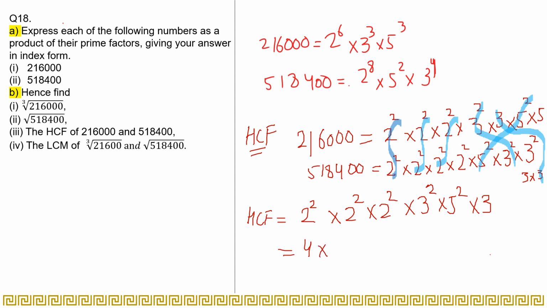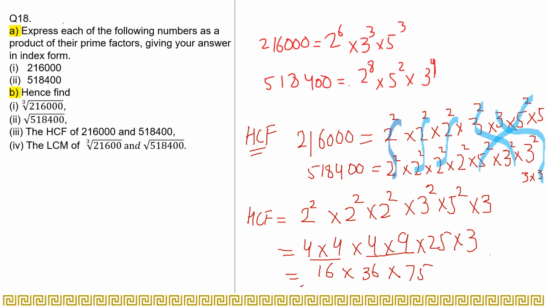And then we have to multiply this. 2 squared multiplied by 2 squared is 4 and 4, then 9 and 25 and 3. Now we have to multiply all of these together. 16 multiplied by 9 is 144, no, 4 times 4 is 16, multiplied by 9 is 36... multiplied by 25 multiplied by 3 is 75, right?